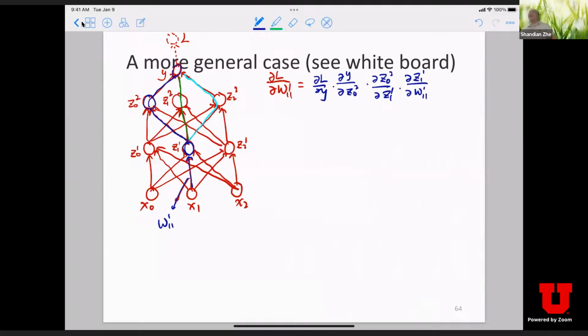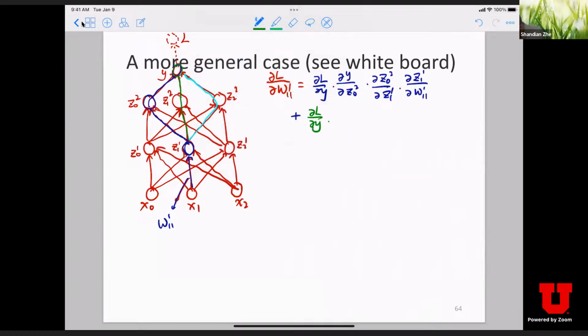So this finishes one path. Let us go to the next path, which is the green one in the middle. Again, we begin at the output neuron y, computing partial L over partial y.